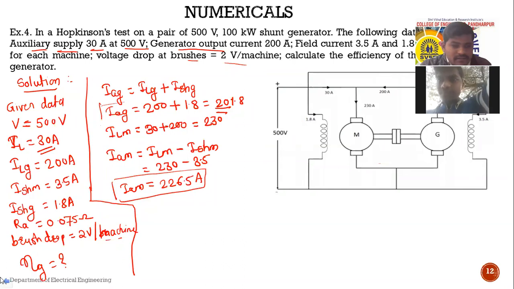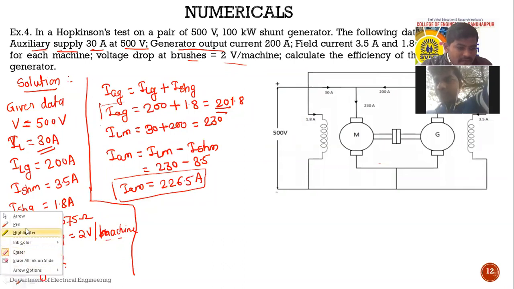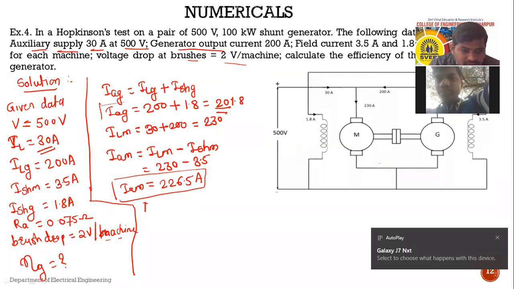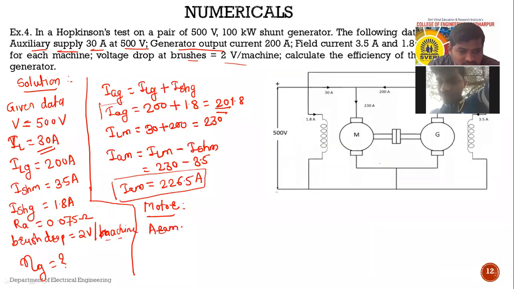Calculate the copper losses, that is armature copper loss in case of motor. So the formula for that is nothing but IA square RA.